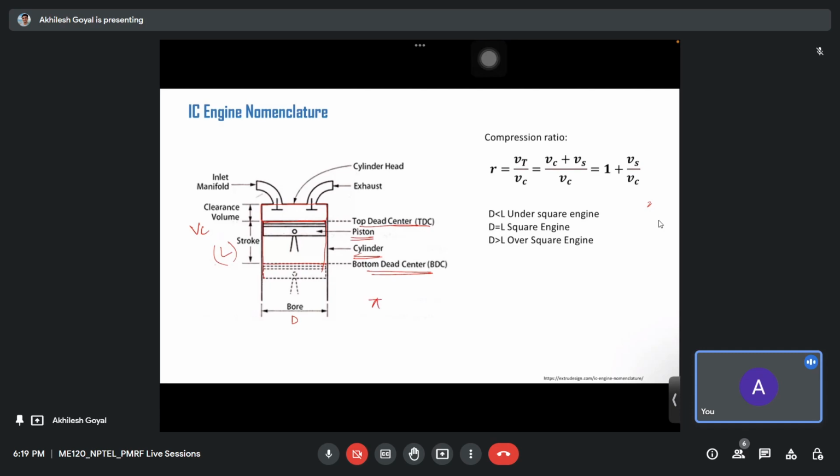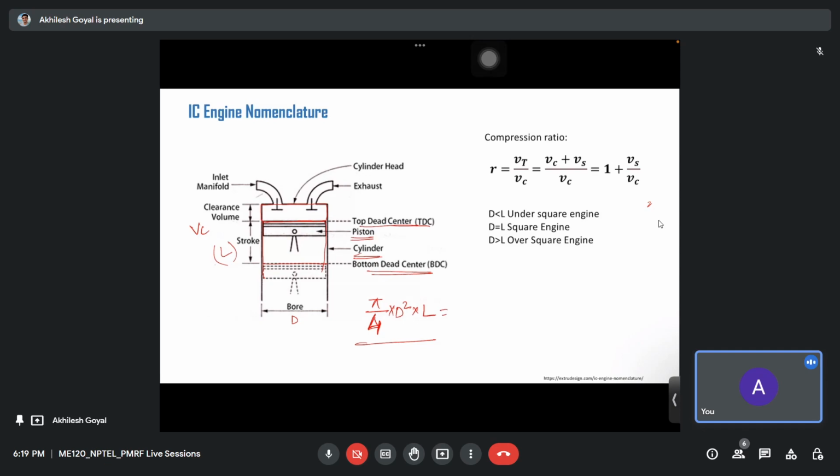So what is this volume? This volume is pi by 4 into d square, which is the area of the piston, into the length. The length it covers is the stroke length L. So this pi by 4 d square into L is the volume that this piston covers in each stroke.